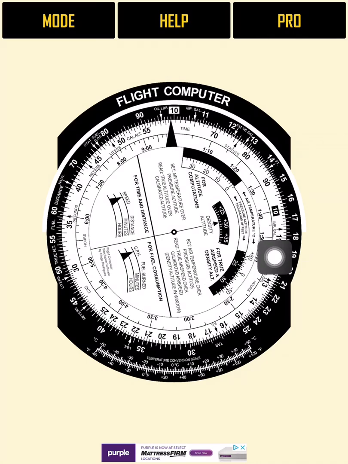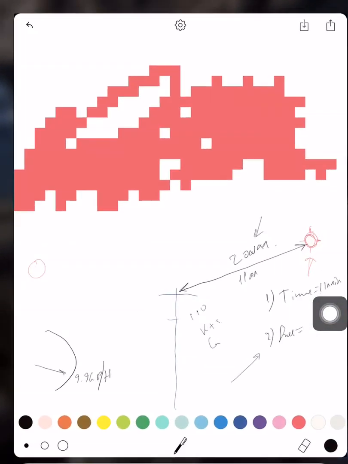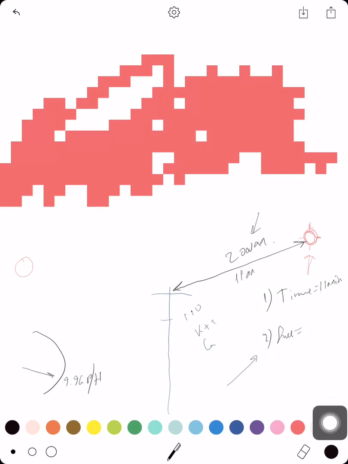So that's going to be 1.81 gallons. I'm sorry, it's 1.81, so let's say 1.82 gallons. So 1.8 gallons would be fine if we put it in. Our fuel, we're spending 1.8 gallons of fuel.